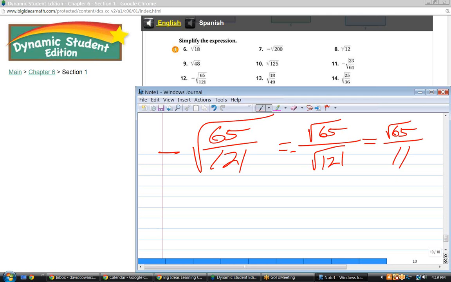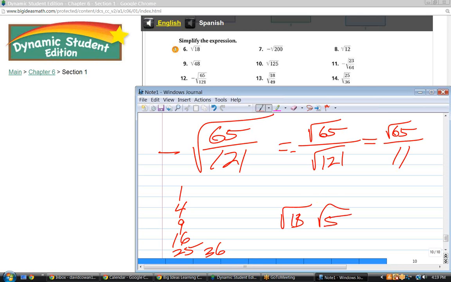Now, 65. Are any of those numbers that I wrote down factors of 65? No. And if I keep going up, it's not going to help, right? So 65, the best I could do would be 11 or 13 times 5.